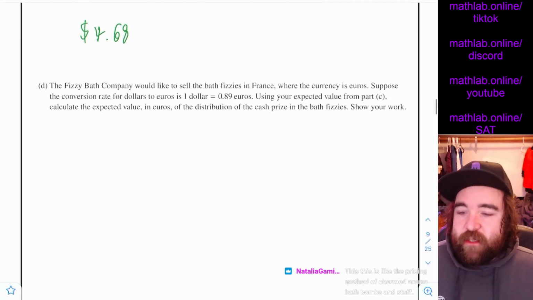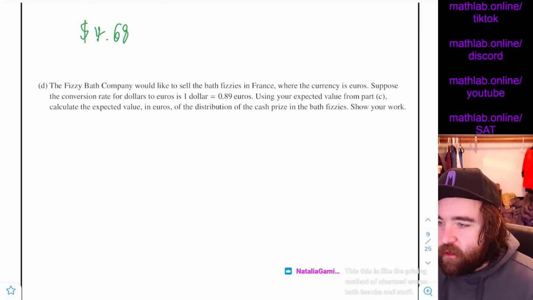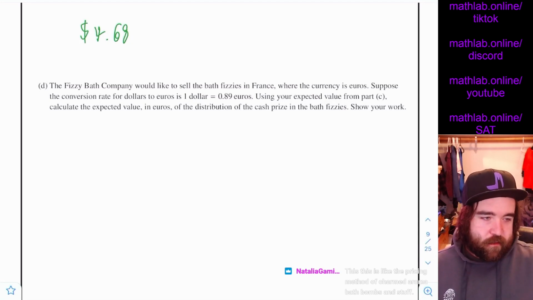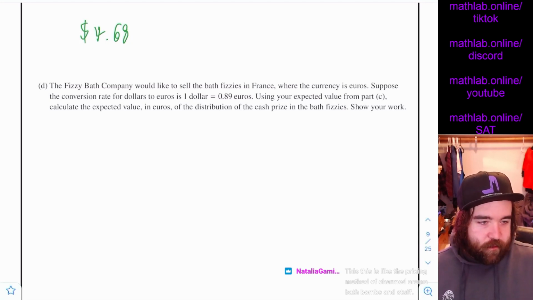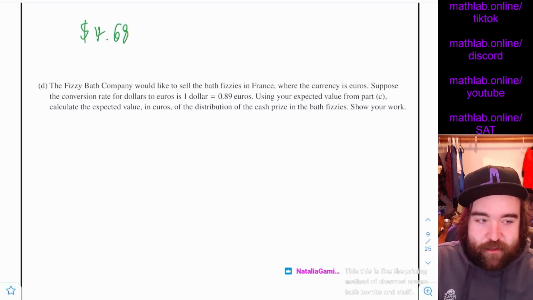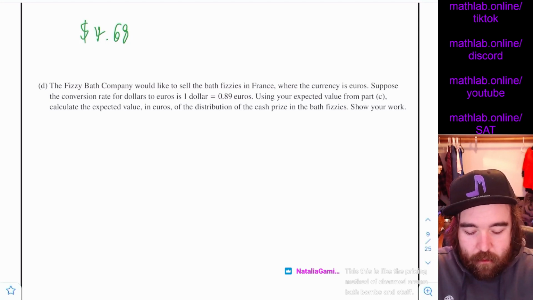D. The Fizzy Bath Company would like to sell bath fizzies in France, where the currency is euros. Suppose the conversion rate for dollars to euros is $1 to 0.89 euros. This is like the pricing method of bath bombs and stuff. Well, this is if they have like a $1 prize inside. This is more like the pricing for lottery tickets.